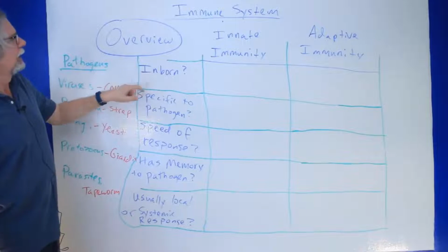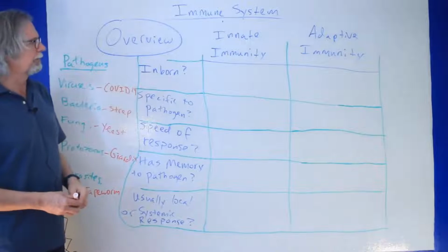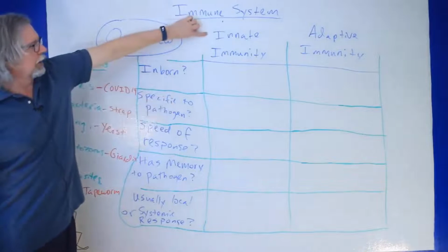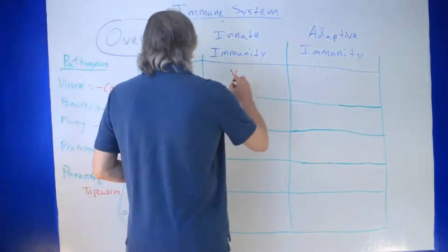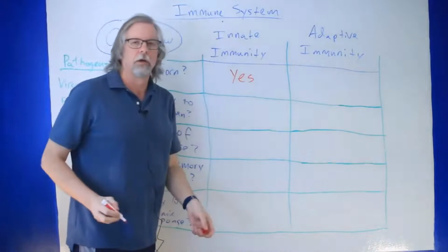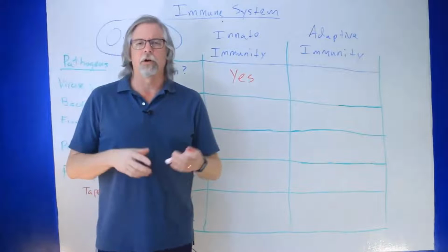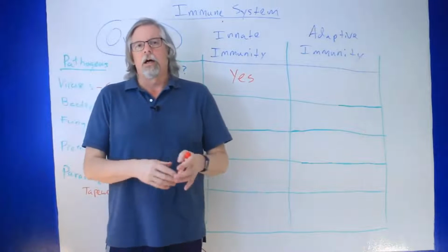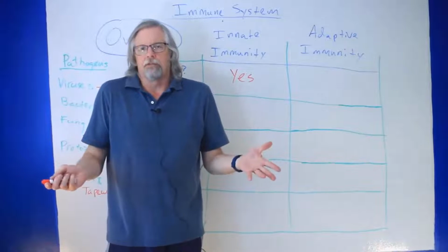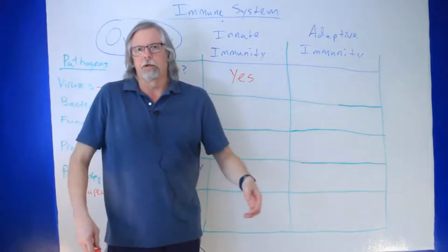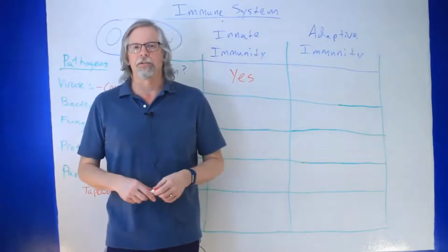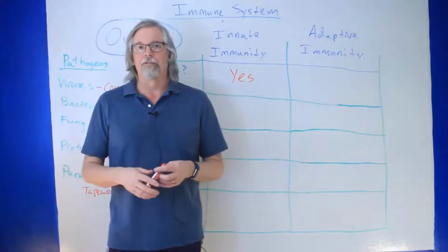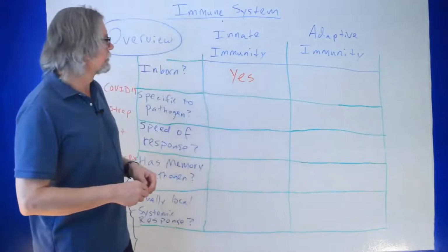So first of all, are you born with this type of immunity? Well, the word innate means inborn. So for innate immunity, yes, you are born with this type of immunity. So this is stuff you're equipped with at birth, and it includes things that are obvious, like your skin is a barrier, but also things less obvious, like internal defenses that you have at birth.